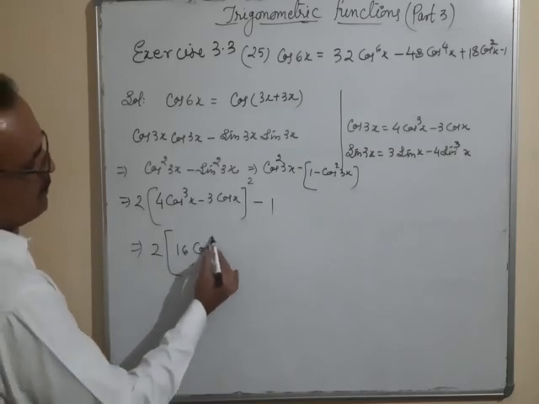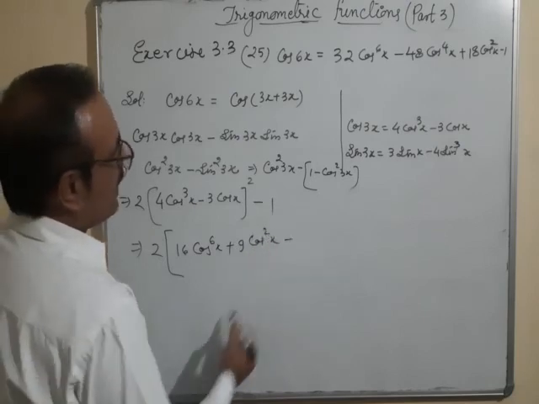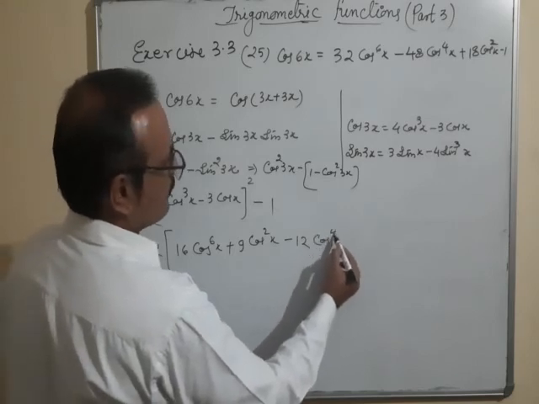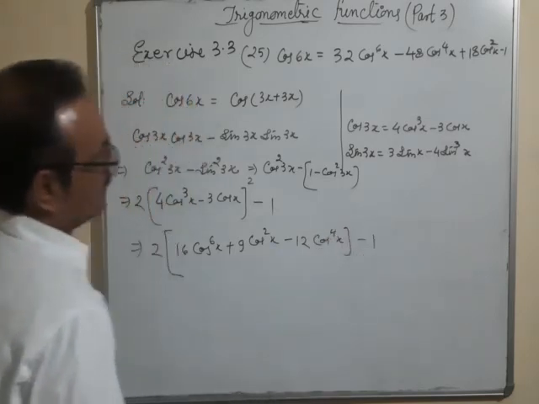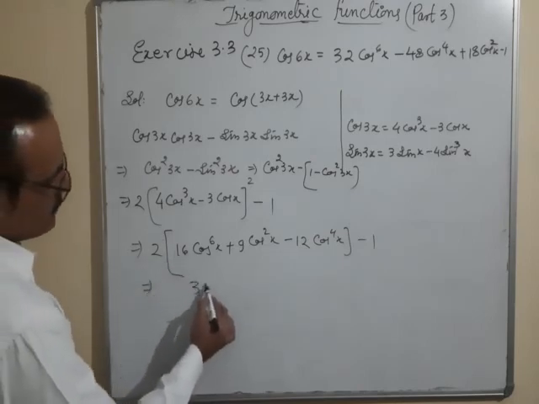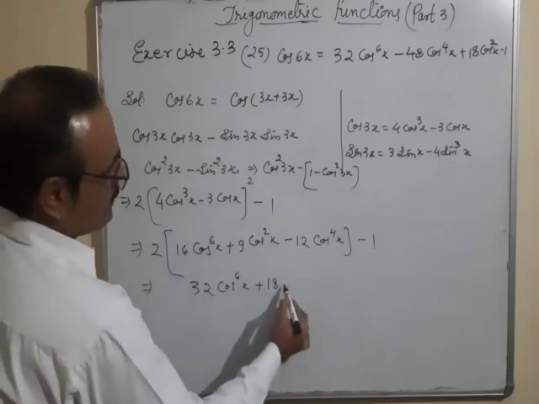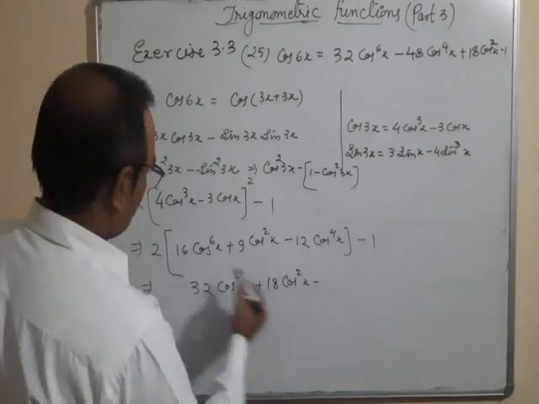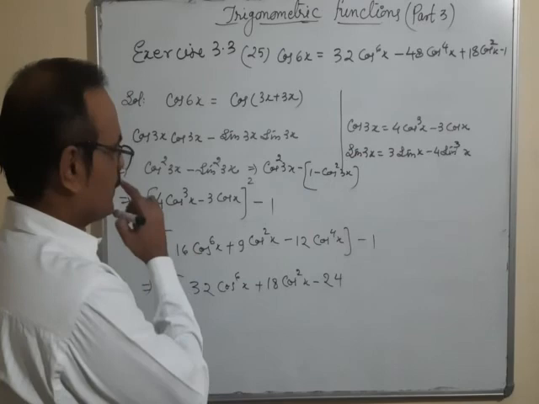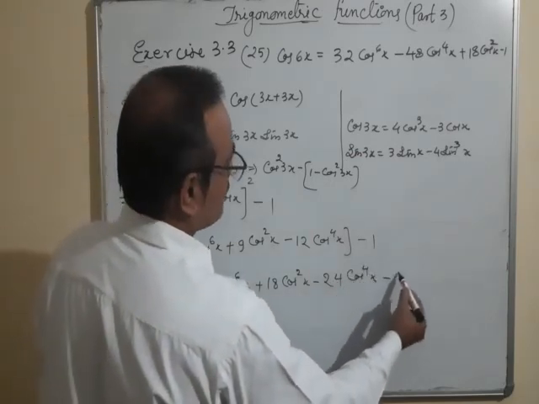And after that, the 2 here, a minus b whole square: 16 cos to the power 6x plus 9 cos square x minus 2ab. 4 2s are 8, 3 is 12, minus 12 cos to the power 4x, and it is minus 1. So that is coming 32 cos to the power 6x plus 18 cos square x minus 24 cos to the power 4x minus 1.